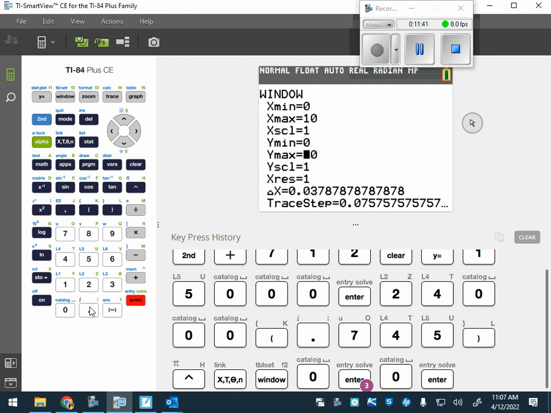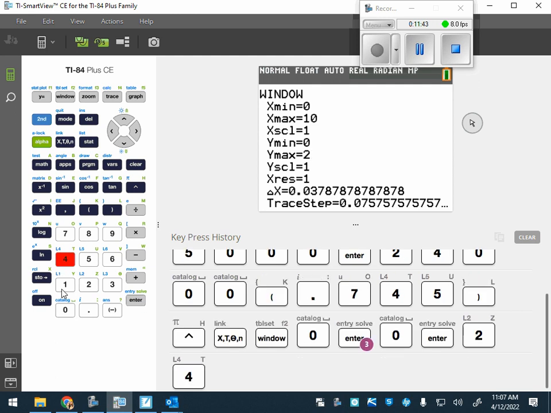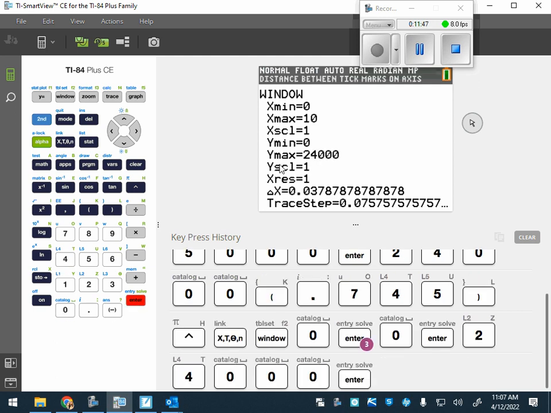The highest value that we have is the original price of the car, 24,000. And the scale, I could do 100. Okay, this is just one way. Some of you might have had the minimum at 10,000, or you might have it at 5,000 or 14,000.